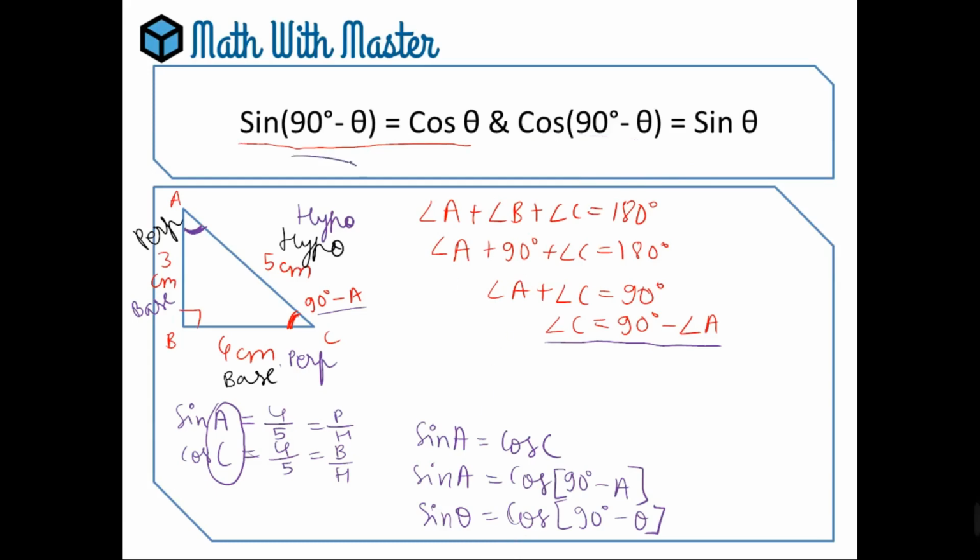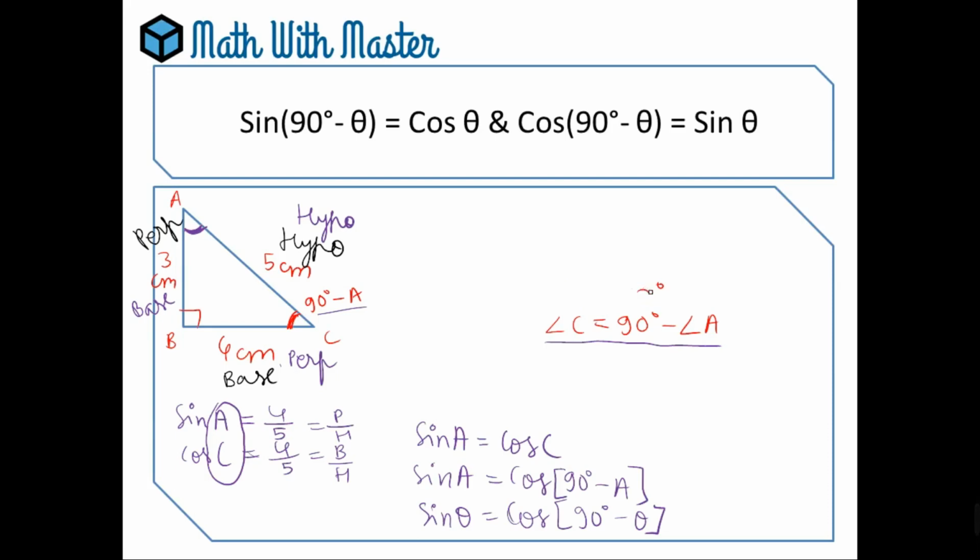So now how did this formula come? We will also look at it. Now here we have to derive the formula of cos theta. What is cos theta in terms of sin theta? Here, what is cos A?